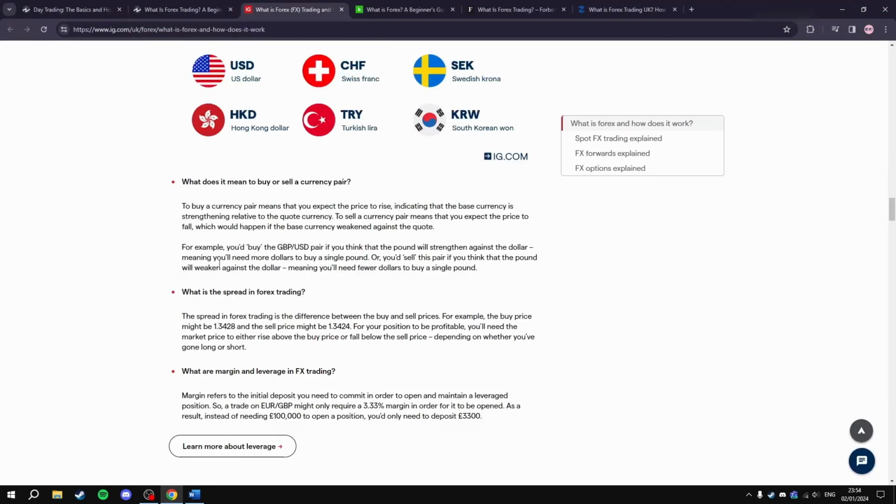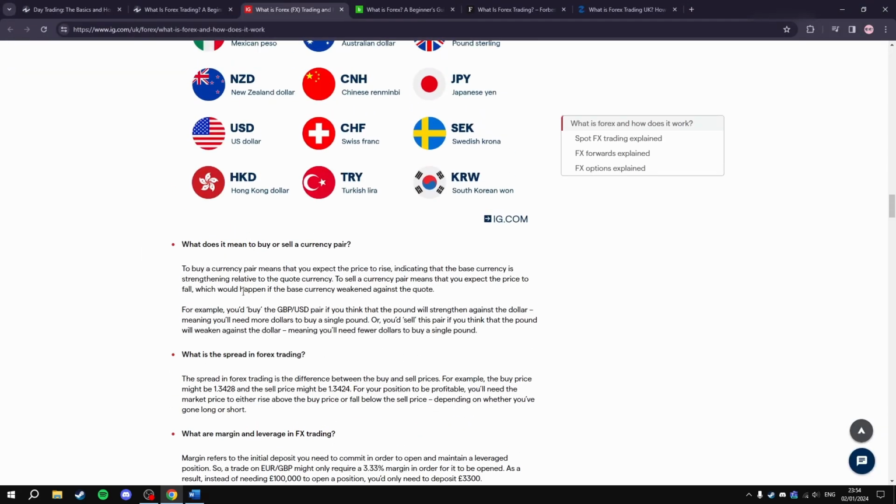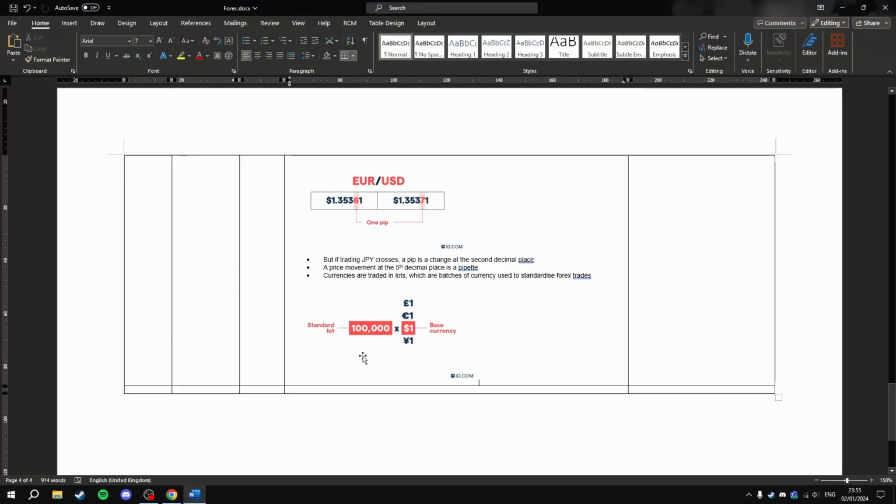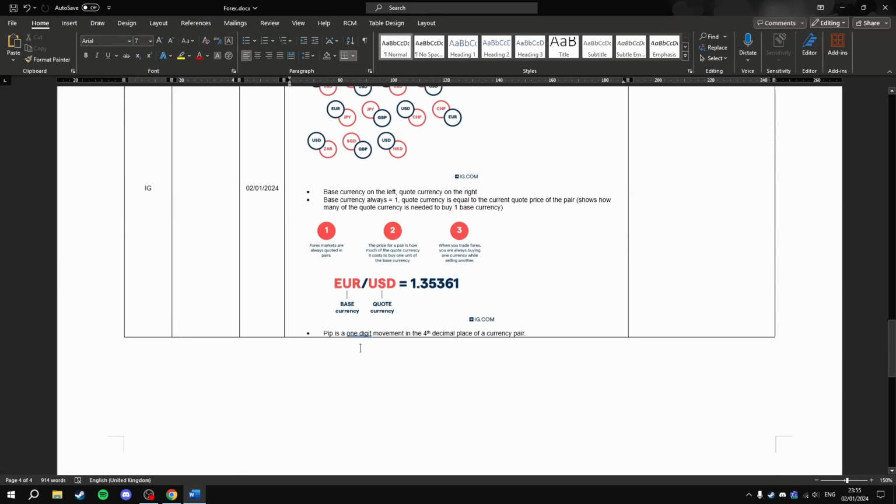Right, okay. What does it mean to buy or sell a currency pair? To buy a currency pair means that you expect the price to rise, indicating the base currency strengthening relative to the quote currency.